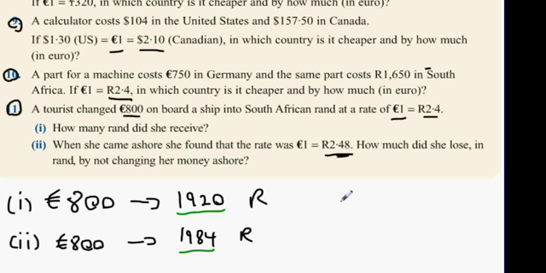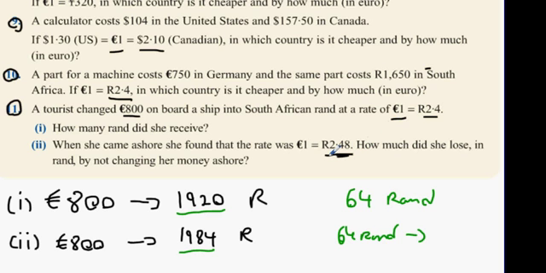So how much rand did we lose? 64 rand. Now she might want the answer in euro. 64 rand is how much euro? Is it a smaller number or a bigger number? Bigger. So we divide it by either number. I think we can keep the answer as 64 rand, to be honest, because if we're converting it back, we don't know which number to use.